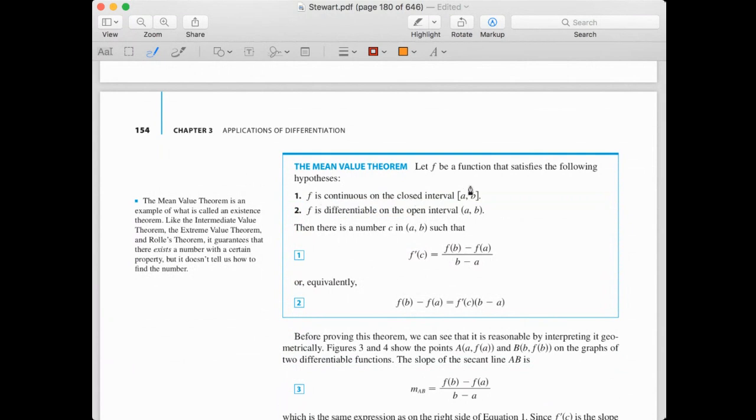So f is continuous on a closed interval, f is differentiable on the open interval. Then there must be a number c in between of the interval, such that the derivative at c is the slope of the line passing f of a and f of b.